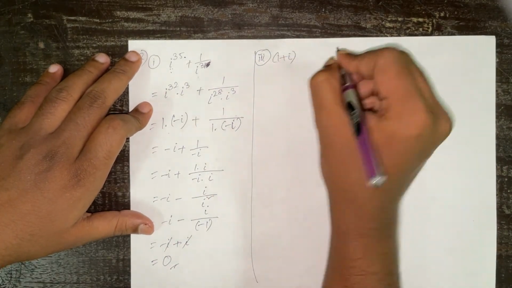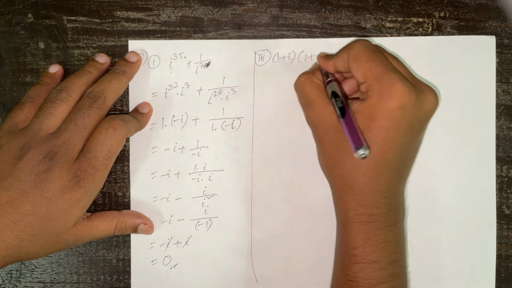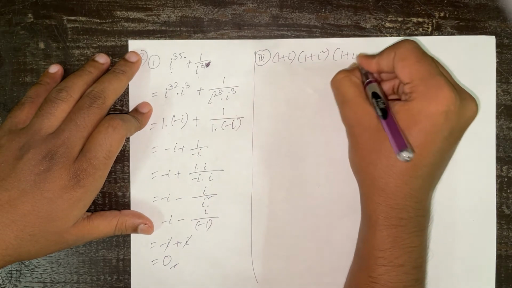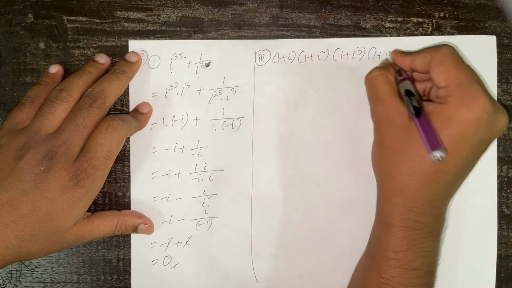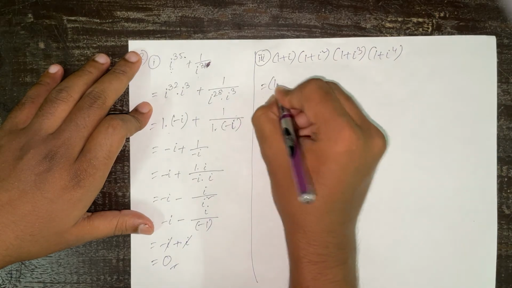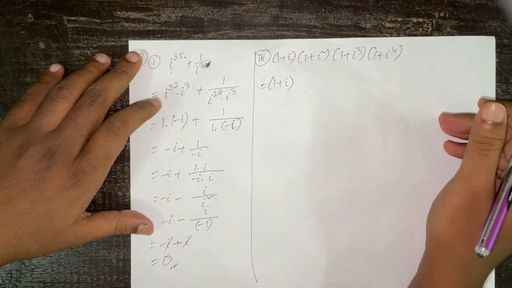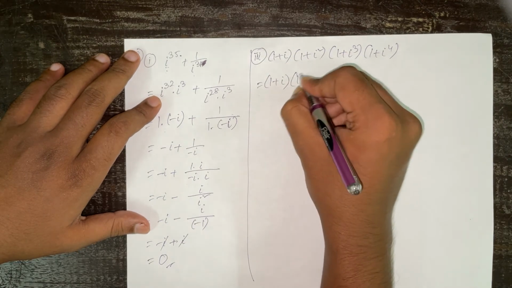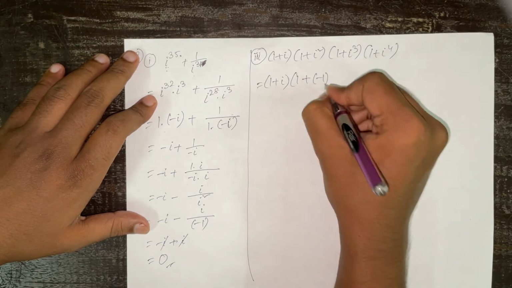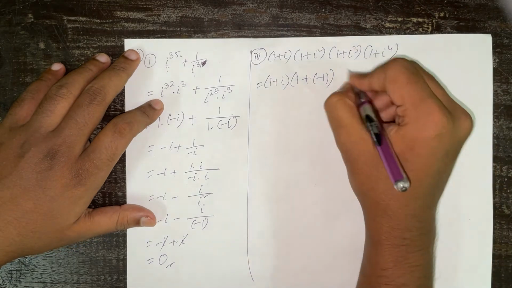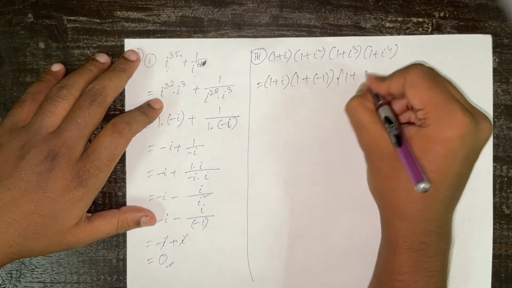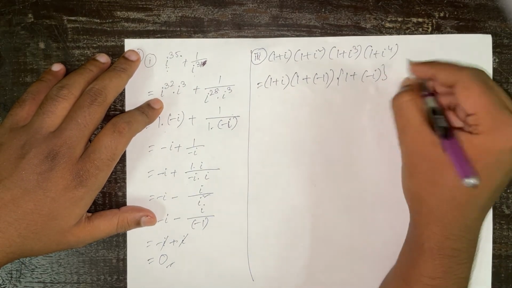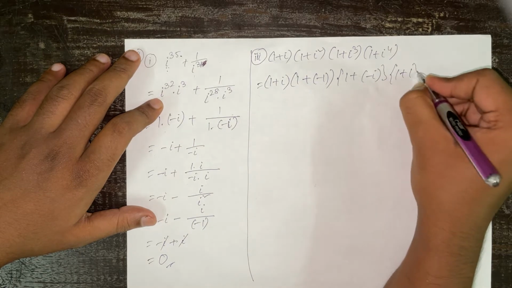1 plus i, here we have 1 plus i squared, 1 plus i cube and 1 plus i to the power 4. So 1 plus i will remain the same because we don't have any particular simple value of i. Here 1 plus i square is minus 1. We know that. Similarly 1 plus i cube is minus i and 1 plus i to the power 4, i to the power 4 is 1.